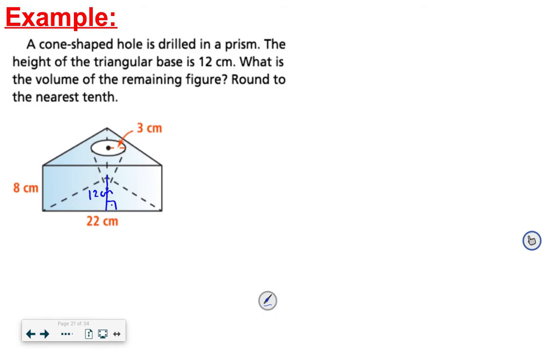So to be able to find the volume of the remaining figure, what am I going to do? First, we will find the volume of the prism, and then we will subtract the volume of the cone. If you take the cone out of the prism, the rest of the part is going to be the remaining part.